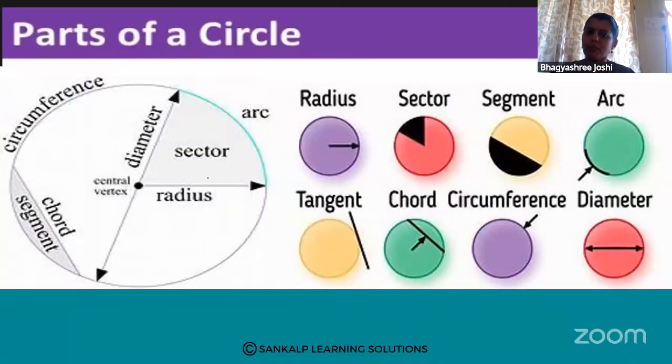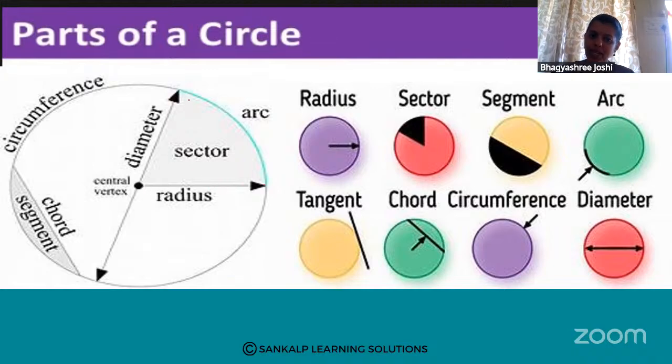Next, parts of the circle. Yesterday only we discussed parts of a circle. This is the center of the circle, and the distance between the center and a point on the circle, that distance we call a radius.